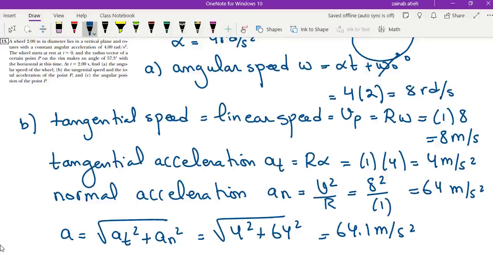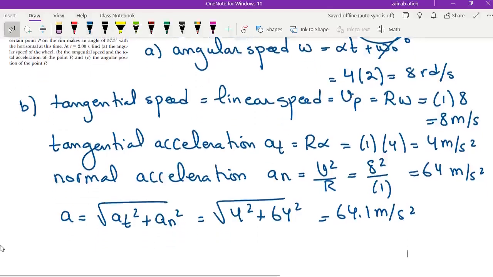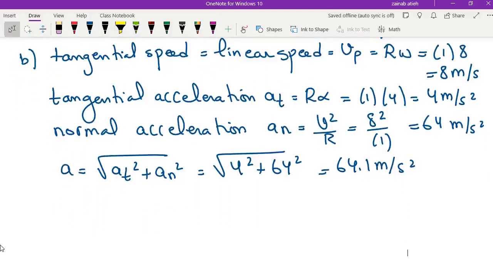Now in part C it says we have to find the angular position of point P. We have to find the position of P after a certain time.